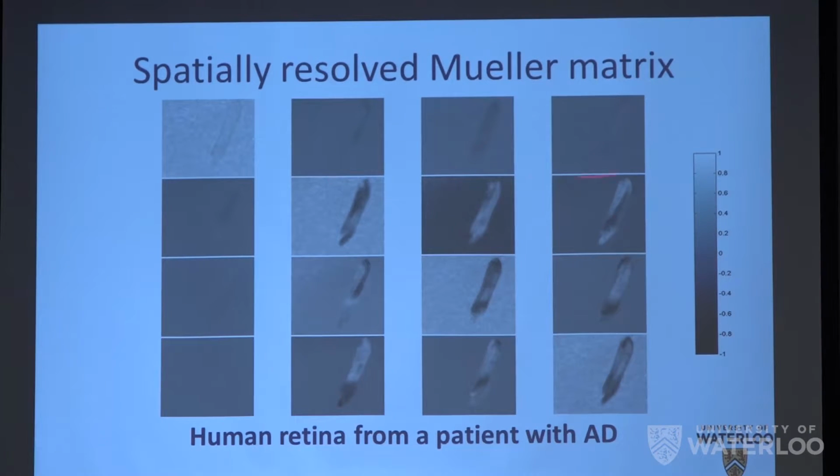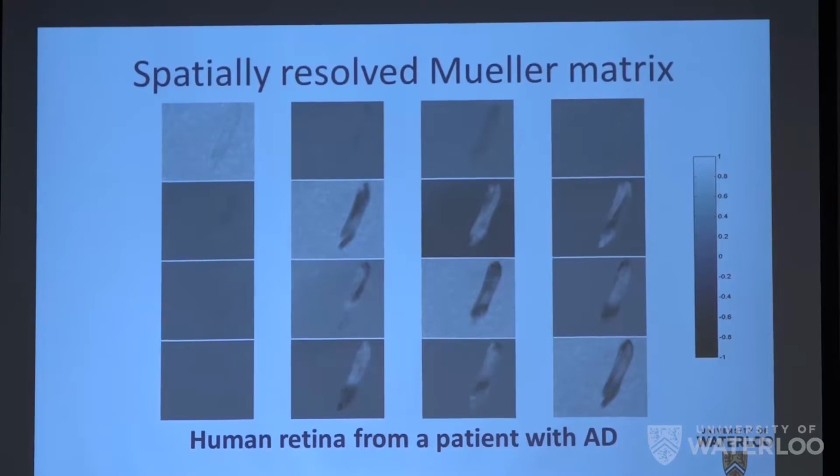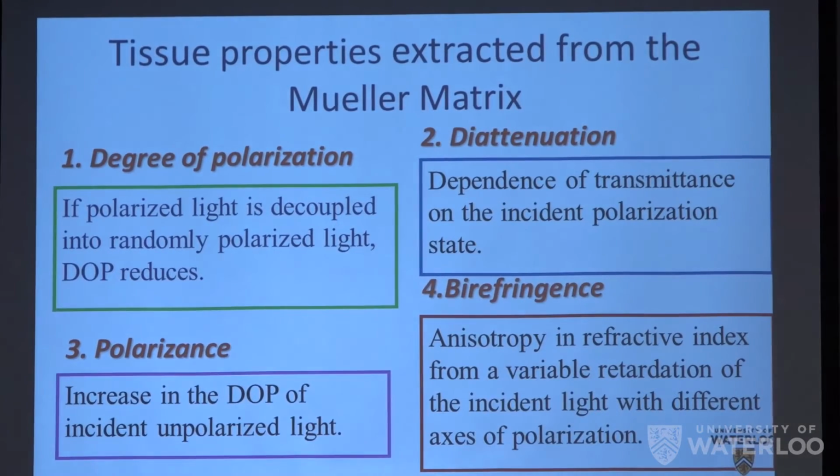And from these elements, we can then calculate how the deposit and the surrounding retina are interacting with the incident light, all of the ways in which the tissue interacts with incident light, and that's what makes the Mueller matrix such a strong method. And so some of the things that we can calculate from that is the degree of polarization.